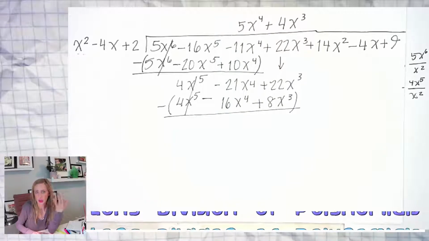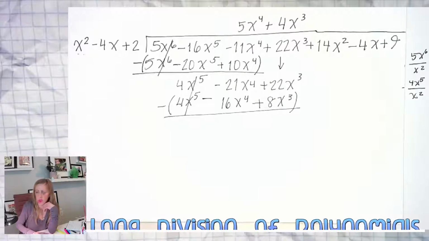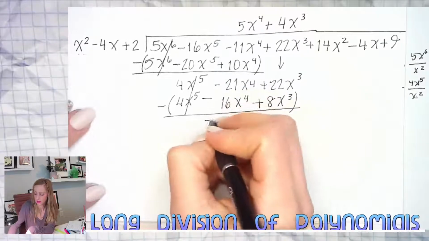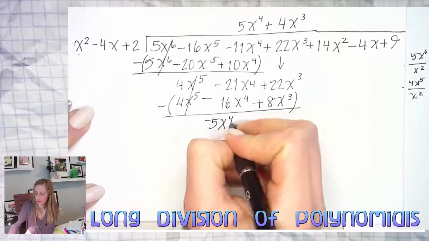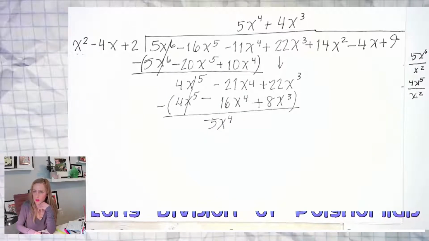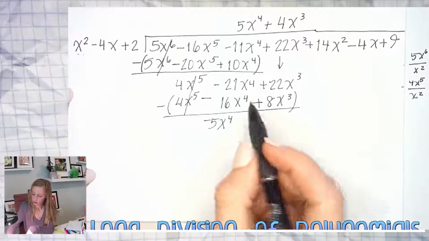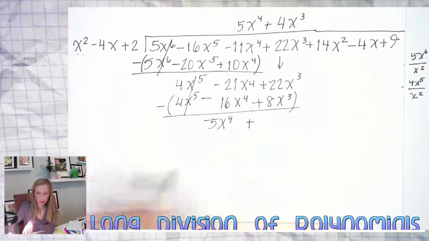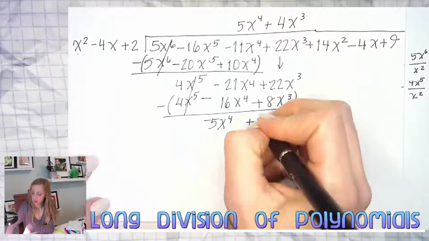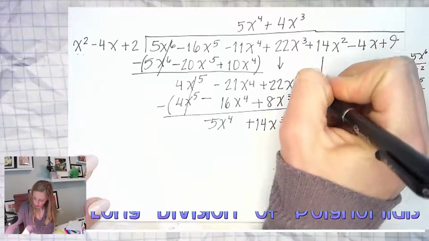So you had a lot more negative than positive. So it's negative 5x to the fourth. Negative, better. And then plus 14x to the third. Good. Bring down the next.